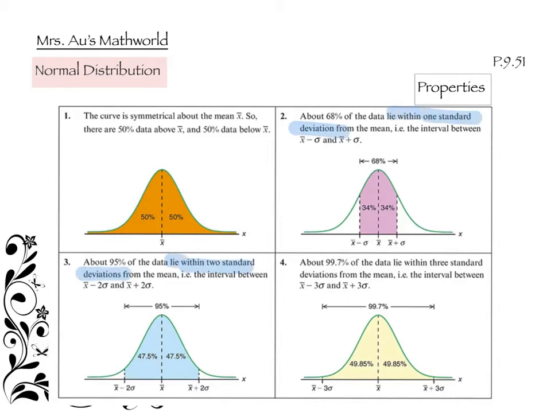We usually say within 1 SD, within 2 SD, and lastly, 99.7% of data lies within 3 standard deviations, 3 SD. These numbers are fixed because this curve always has this special property.